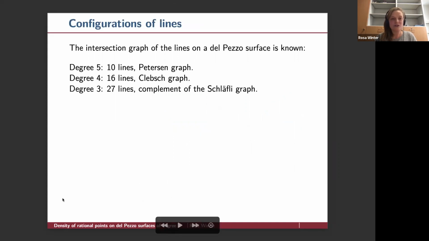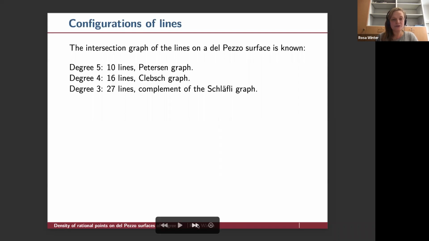So we know the intersection graphs of these lines for several degrees. For a Del Pezzo surface of degree 5, we had these 10 lines and they form the Petersen graph, which is a known graph. The 16 lines on the Del Pezzo surface of degree 4 form the Clebsch graph. And the 27 lines, as I showed before, form the complement of the Schläfli graph.